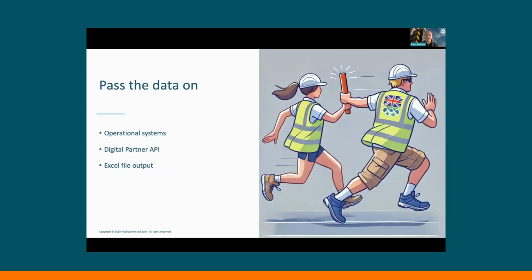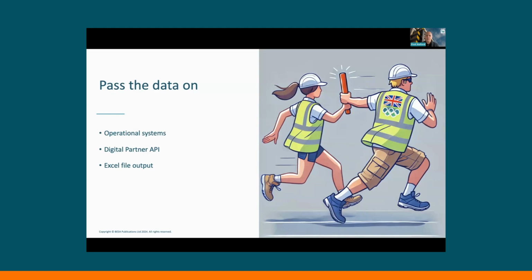And that's when we come on to the next step. It's all very well doing all this mapping, all this identifying of which schedule needs to be applied to which asset, but then that data can be handed on to your downstream systems. Now, we've had a lot of success with our wonderful digital partner network, where our partners are using our API to actually take SFG20 data into your operational systems and pass that information down to the engineer to carry out the maintenance.